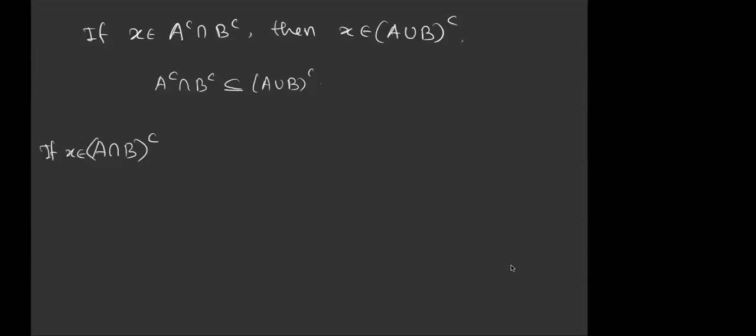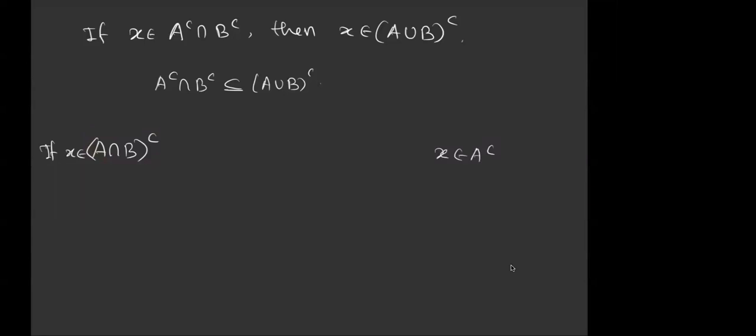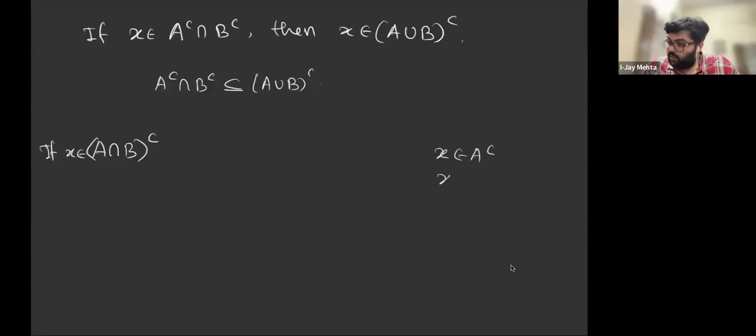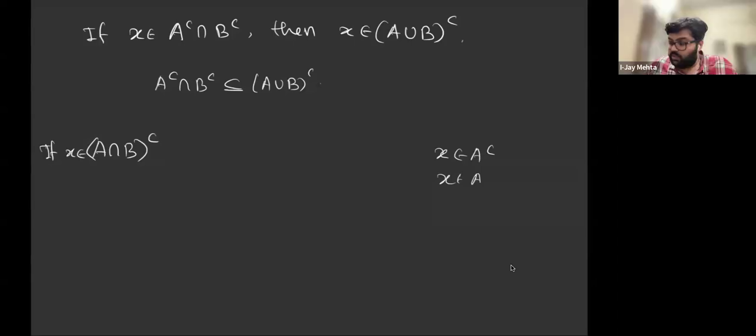If I say X belongs to A complement, what can you say about X? Can it be in A? Is it possible X can be in A and A complement both? No. So what can you say? X is in A or X is not in A?